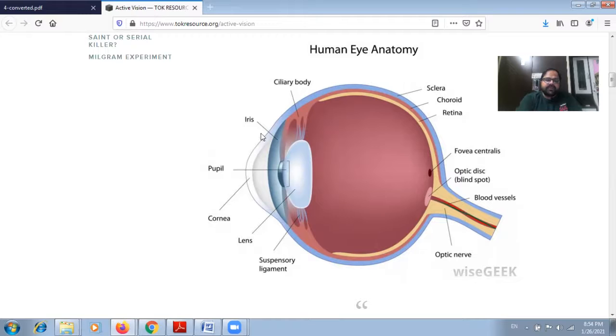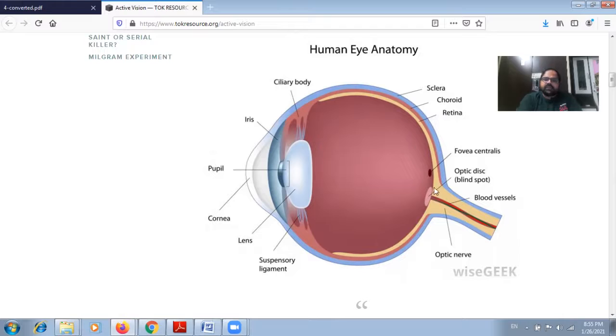So the conjunctiva, then cornea, then there is a space, and after that space a biconvex lens is there, and after this lens there is a chamber, and this chamber is layered by the retina.